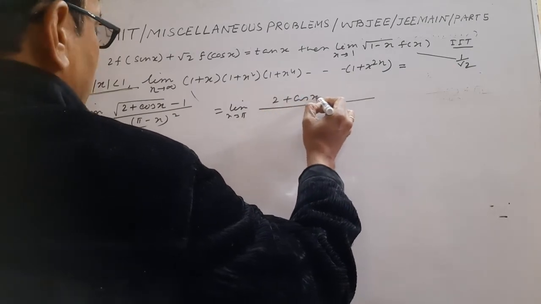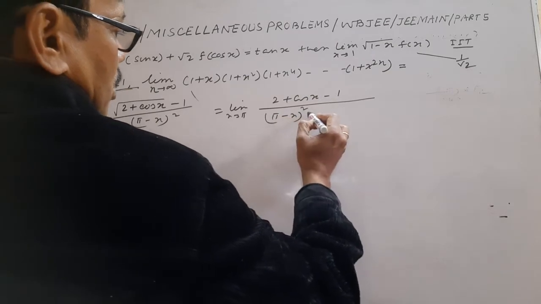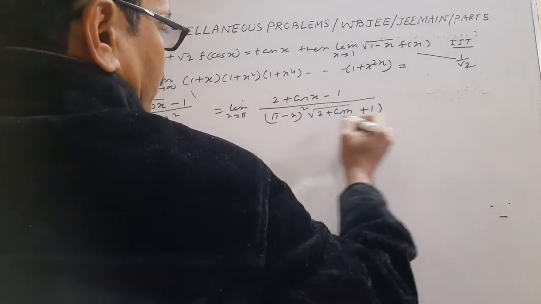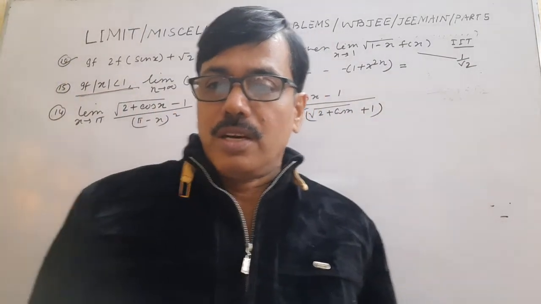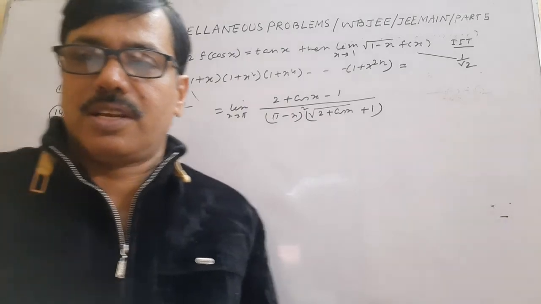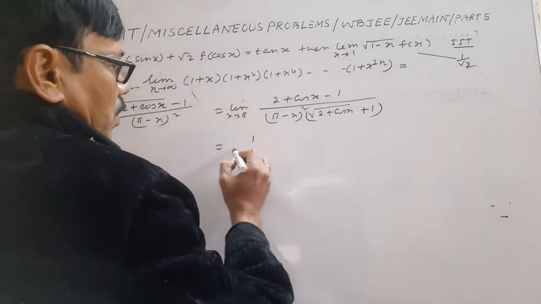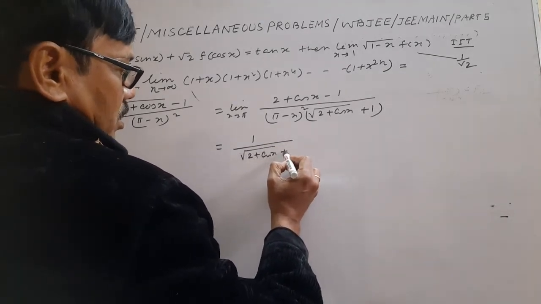Square root of 2 plus cos x minus 1, over pi minus x whole square, times square root of 2 plus cos x plus 1. You know, the rationalizing factor, this creates no problem. So you write this part, this is the rationalizing part.